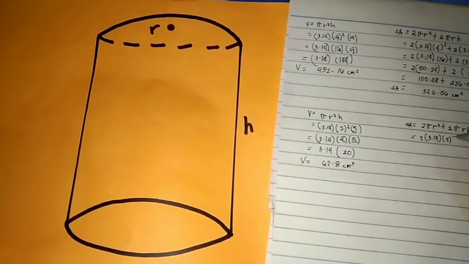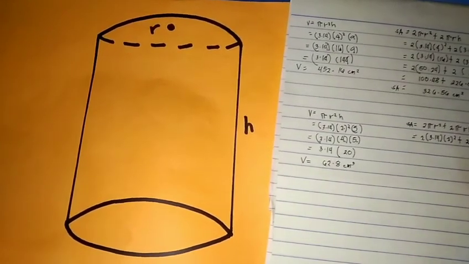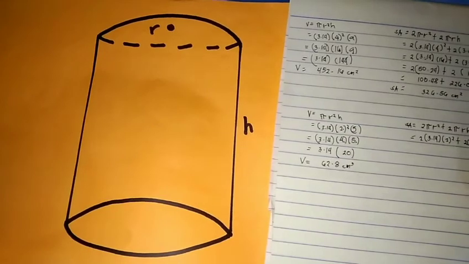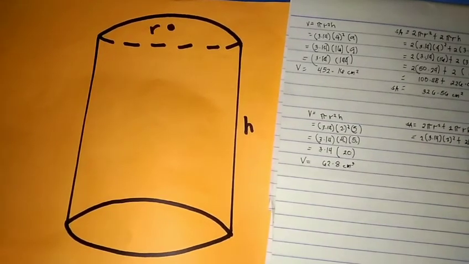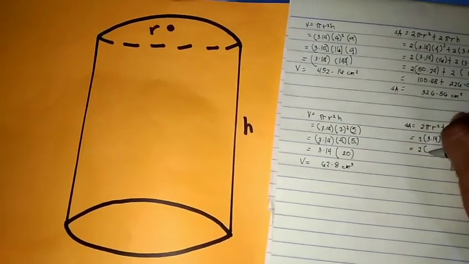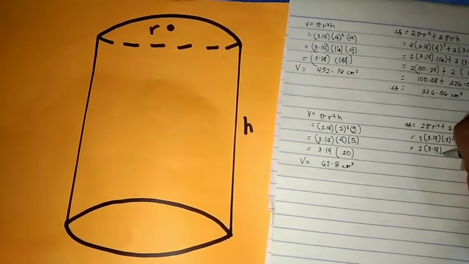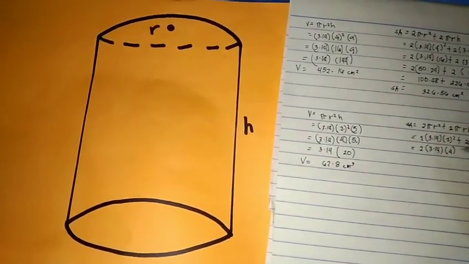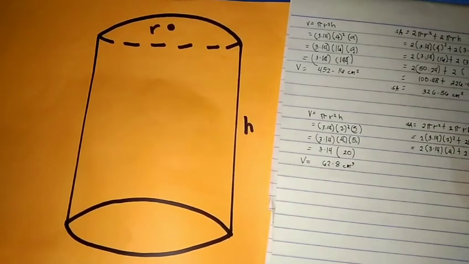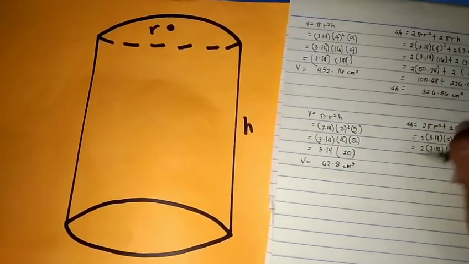Radius of 2 squared plus 2, the pi of 3.14, the radius of 2 and the height of 5. Copy the 2 and the 3.14. The square of 2 is 4 plus 2, 3.14. Multiply 2 and 5 to get the value of 10.